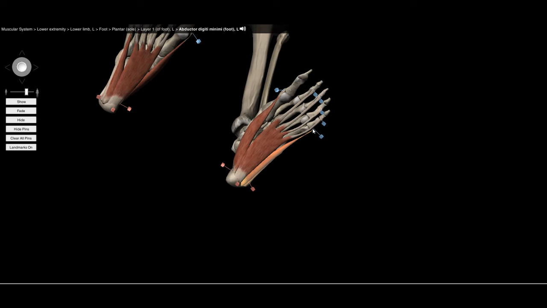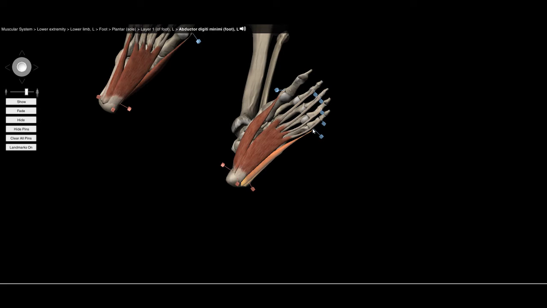But the nerve that goes to this muscle, which is called the nerve to abductor digiti quinti or abductor digiti minimi, innervates the sensory portion of the calcaneus. And so if I have an impingement in the nerve where it courses down medially inferior to the medial malleolus, I may have symptoms that mimic plantar fasciitis.